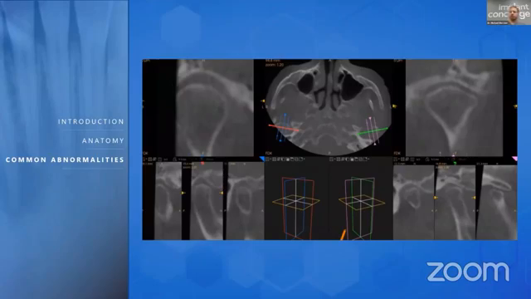So here's an example of some of the findings that you'll see. Notice on the right side, that condyle looks beautiful. Nice volume, thin and continuous cortical outline, versus the left side, all of a sudden, there's not a lot of space for that disc.